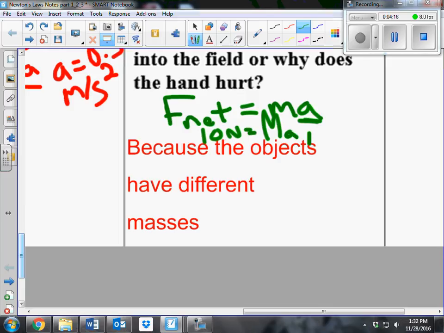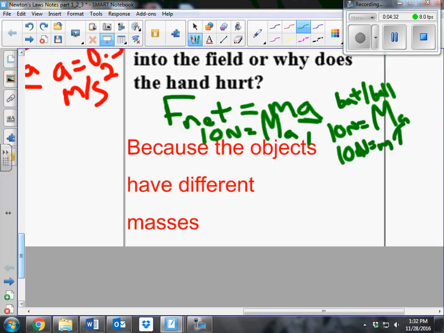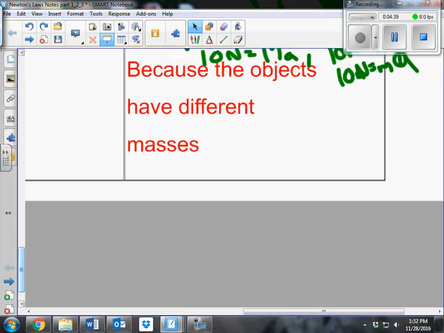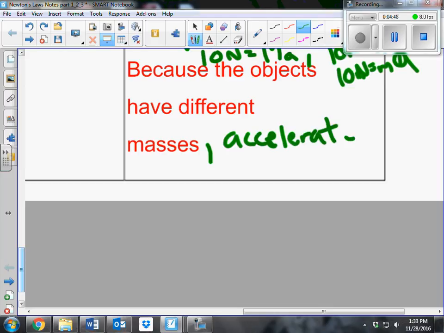In the case of the bat and the ball, the same force, but the bat has a huge mass compared to the ball, so it's going to accelerate a little bit. And the ball has a small mass, so it's going to have a huge acceleration comparatively. Why? Because they encounter the same forces. So because the objects have different masses, that's why they will accelerate differently, because they're hit with the same force.